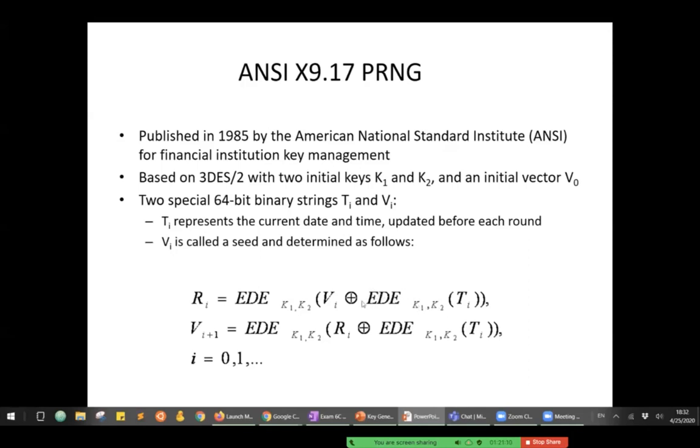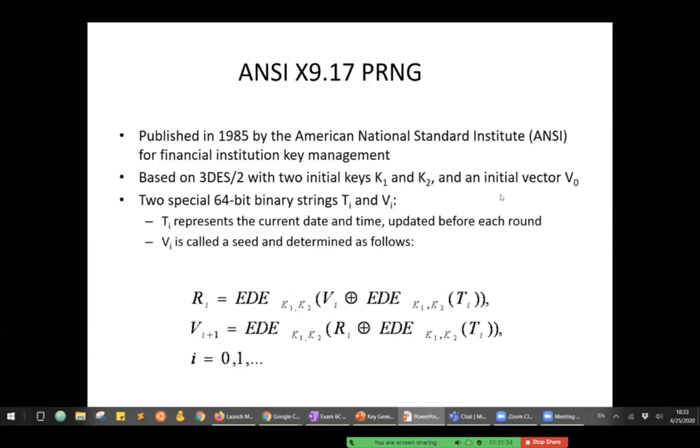So this notation means the way we apply DES. You encrypt TI, the current time, and then exclusive OR with the seed value VI.